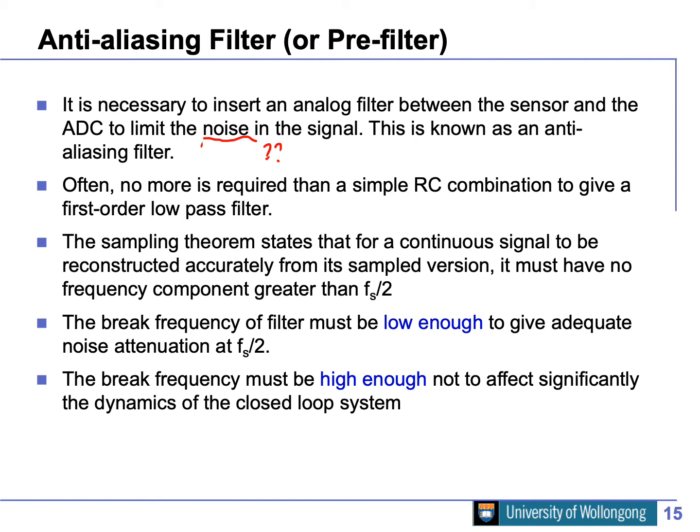So the simple solution here is to put a filter before we do the sampling. We call this an anti-alias filter. It can be very simple, just a first order low pass filter, to get rid of all the high frequencies.